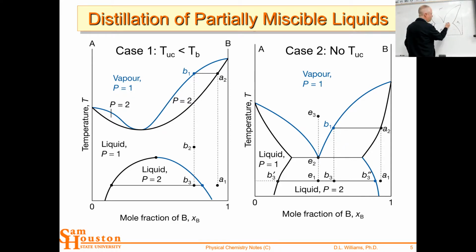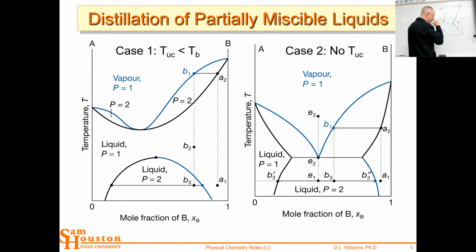If I'm boiling right here, is this what you were asking about? Okay, if I'm boiling right here, then I've got a liquid there, and a vapor there. So that tie line has 3 spots on it. This is the composition of the vapor. And this is layer 1.